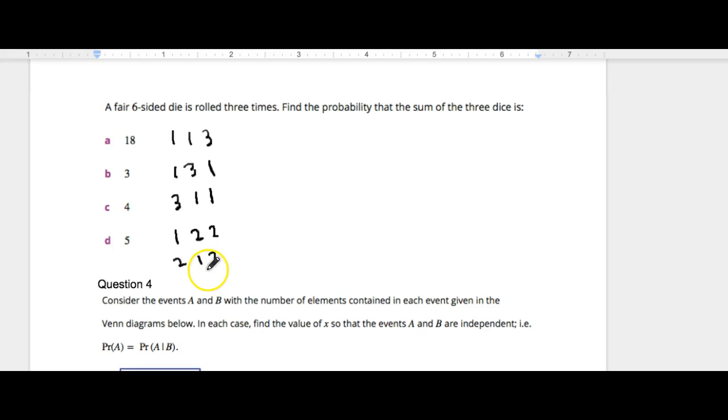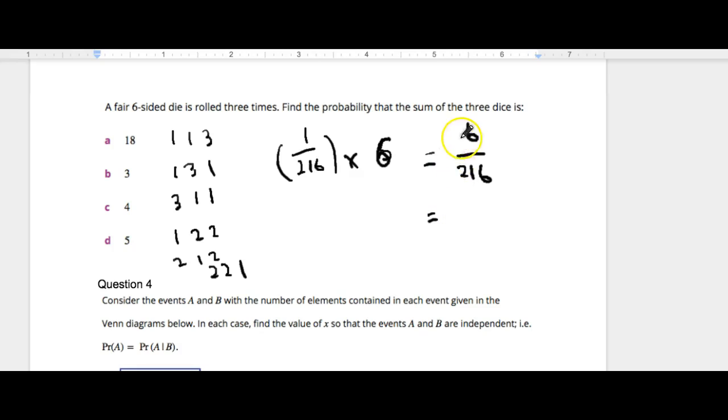I've got 5 different ways of doing it. And I actually forgot one, didn't I? So there are 6 ways. The probability of getting one way is 1 over 216, so we multiply that by 6. So that is equal to 6 over 216.